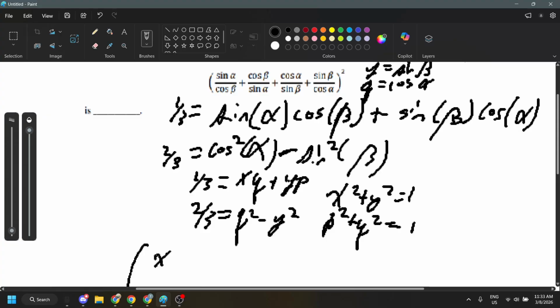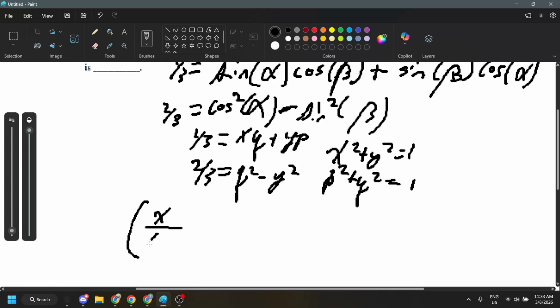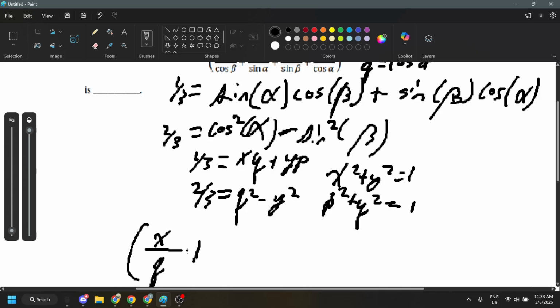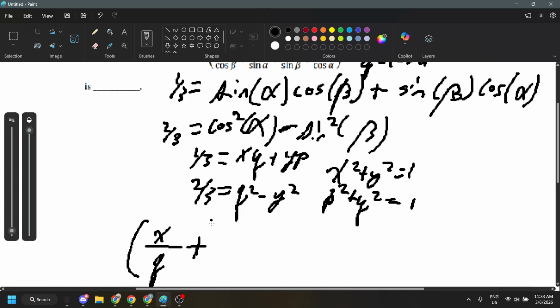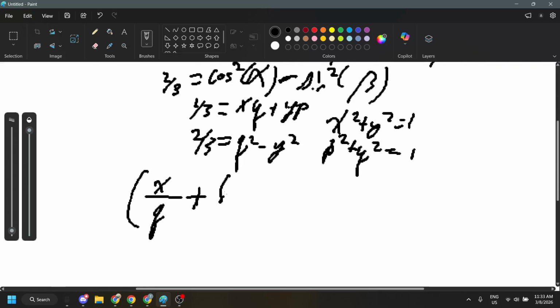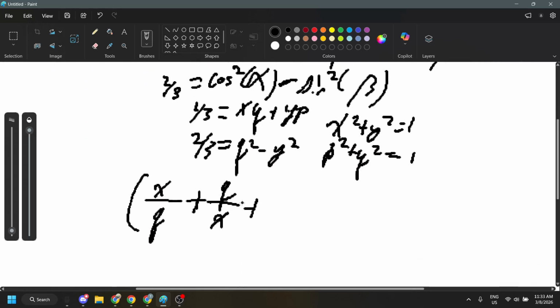So here we have X over Q, plus cosine beta over sine alpha, plus Q over X, plus Y over P plus P over Y, squared.